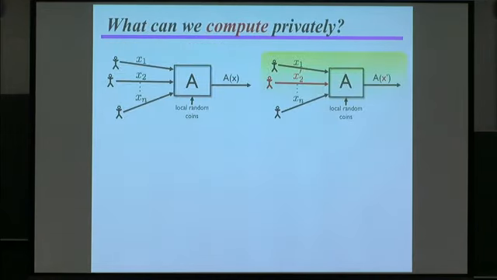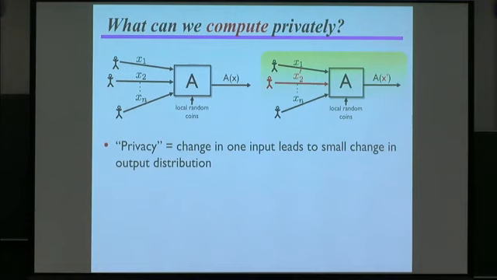But formulating a definition leads us to this basic question. The requirement we want for privacy is that a change in one input leads to a small change in the output distribution of our algorithm. This leads us to the basic question: what can we do subject to this constraint?